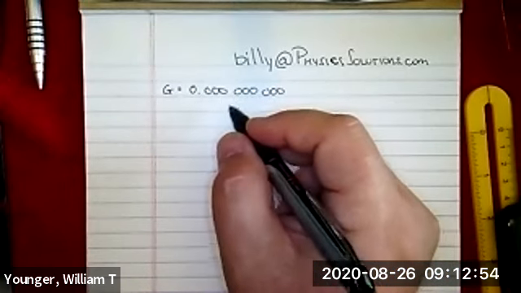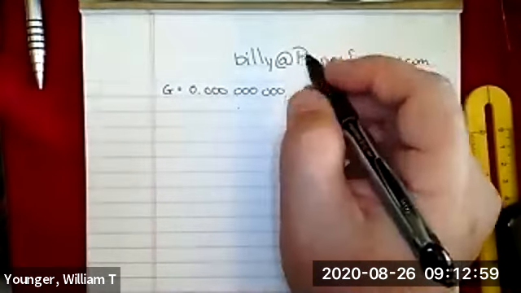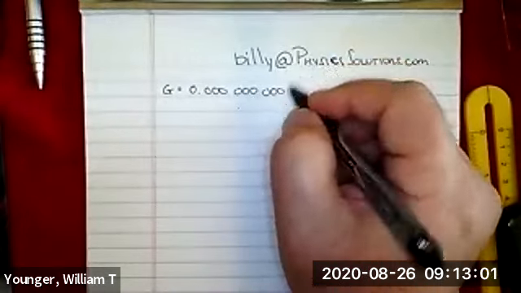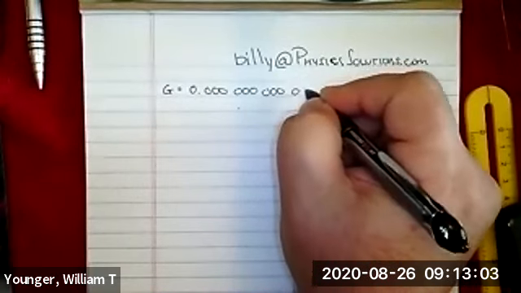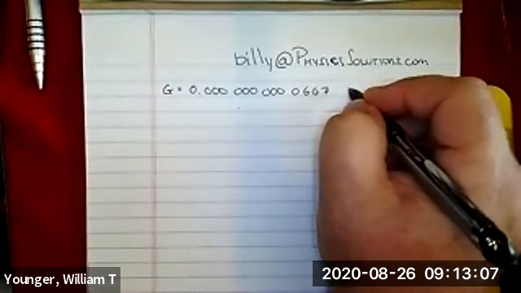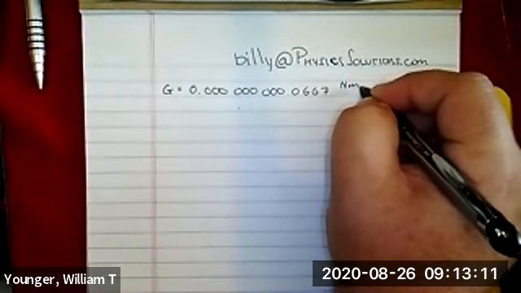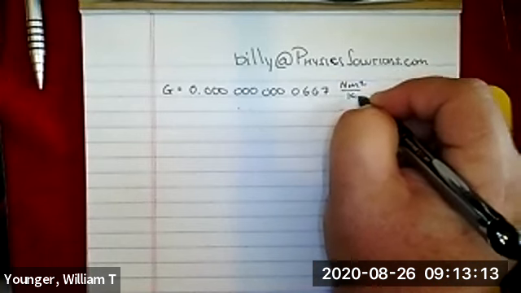I would even accept commas in my class, but if you do them by pods of 3, it makes it a lot easier for us to see. So that's 9, 10, 6, 6, 7, and the units for that are Newton meters squared per kilogram squared.